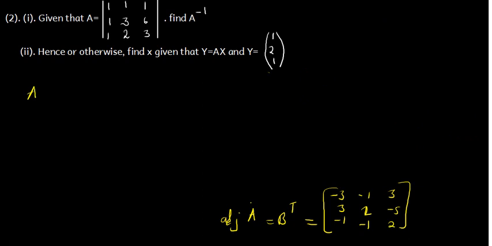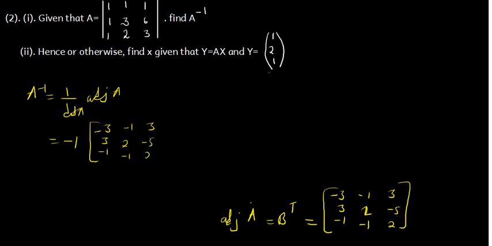So A inverse is equal to 1 over the determinant of A times the adjoint of A. So 1 over the determinant we found, negative 1, so 1 over negative 1 is simply negative 1, then times the adjoint, which is negative 3, 3, negative 1, negative 1, 2, negative 1, and then 3, negative 5, 2.